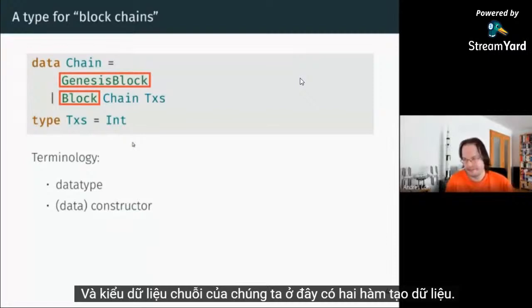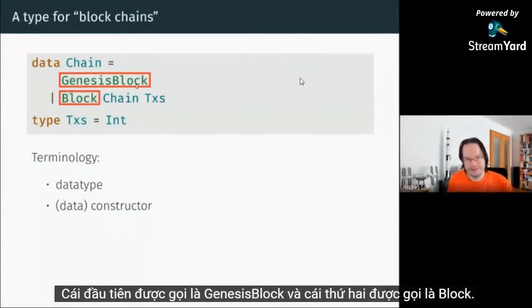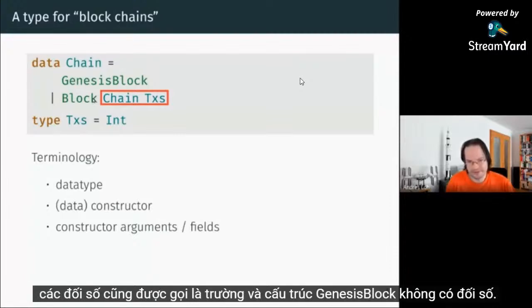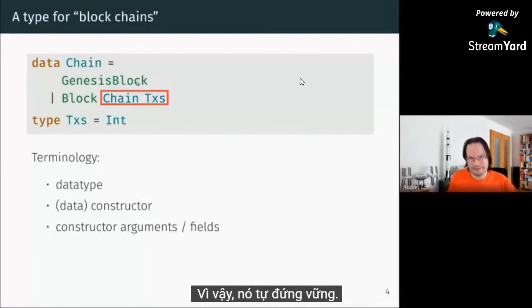And our chain data type here has 2 data constructors. The first one is called Genesis block, and the second one is called block. And then constructors can have arguments, or sometimes these constructor arguments are also called fields. And the Genesis block constructor has no arguments, so it stands on its own.